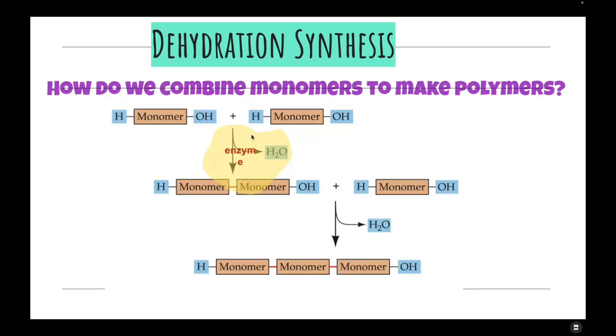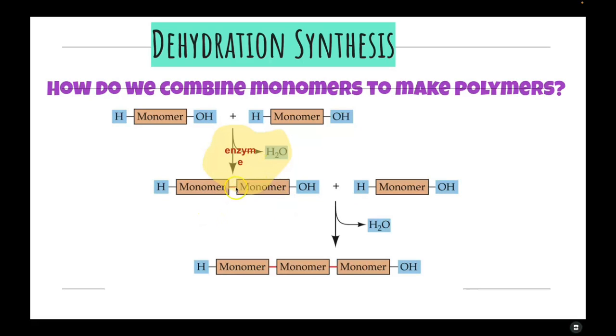And the hydroxide from one monomer and the hydrogen from another form the water that's being released. So during dehydration synthesis, you're going to be releasing water as a byproduct. Water is removed and covalent bonds form between the monomers.